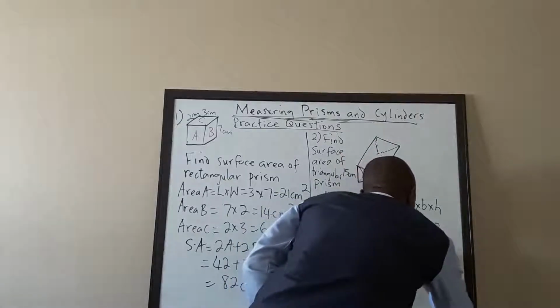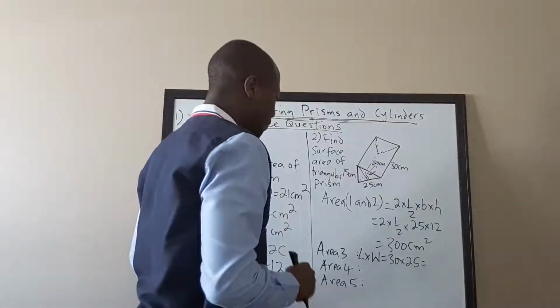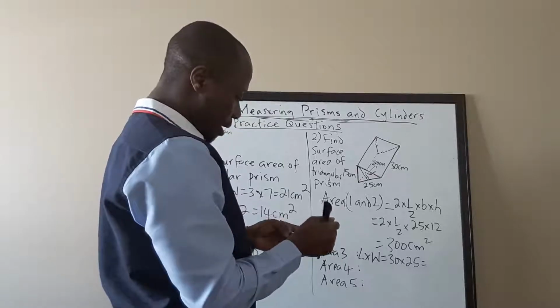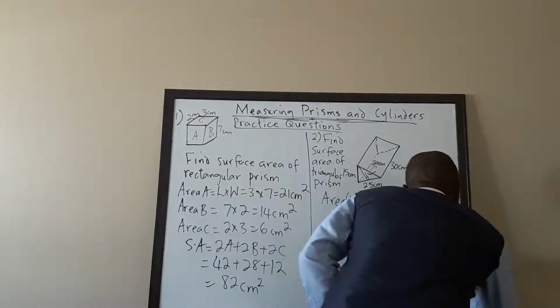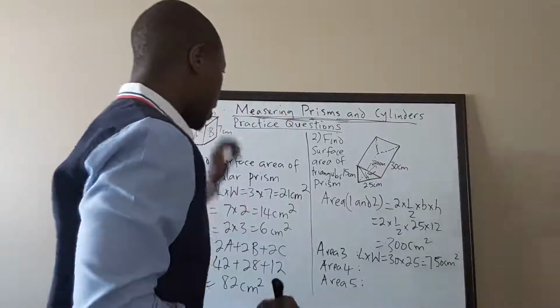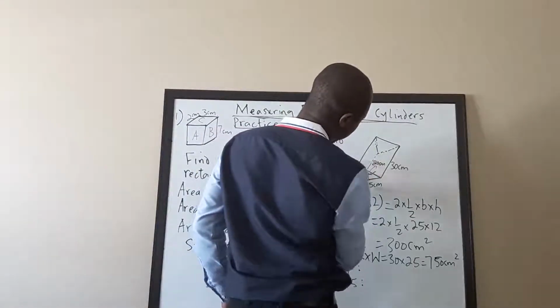30 times 25 should be 750, I think. 30 times 25, 750. Area 4, I'm going to do for this one here.